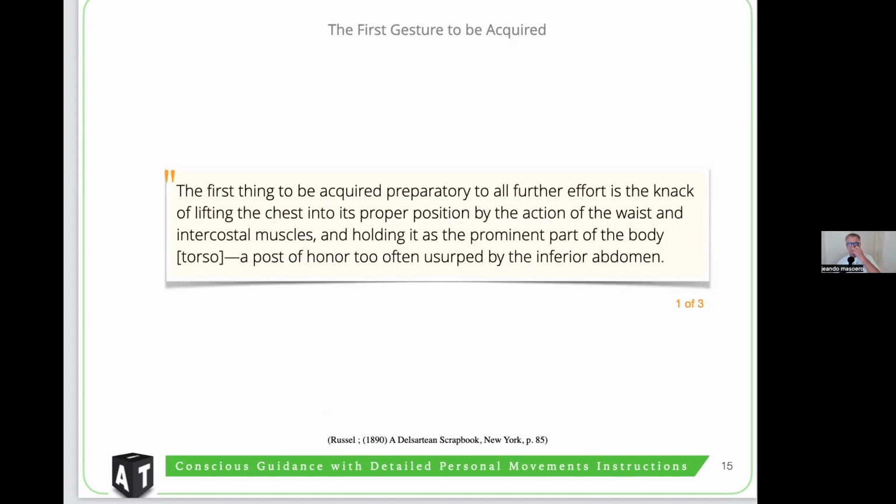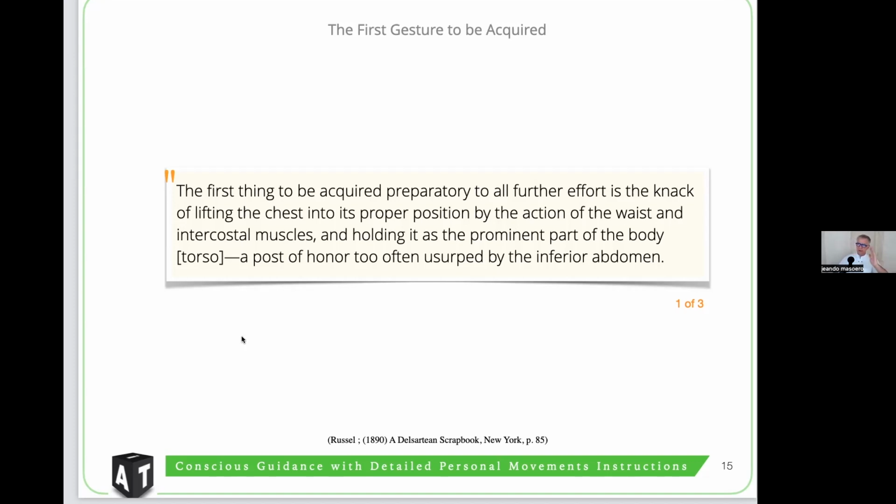So let's take one. Russell again, 1890. The first thing to be acquired, preparatory to all further effort, is the knack of lifting the chest into its proper position by the action of the waist and intercostal muscles and holding it as a prominent part of the body, a post of honor too often usurped by the inferior abdomen.